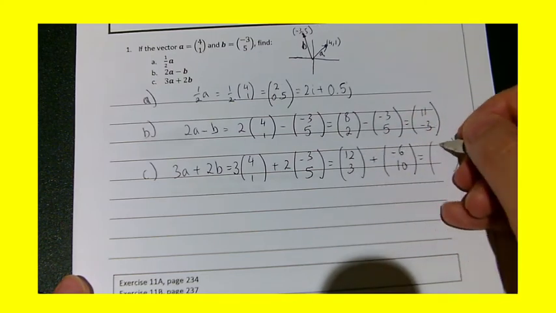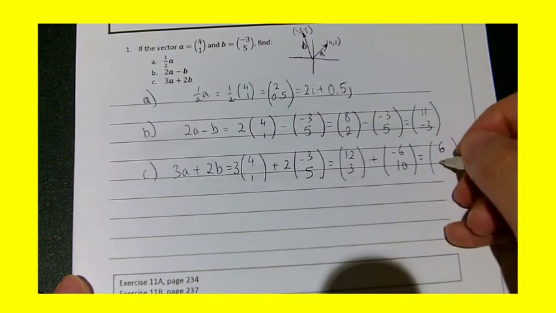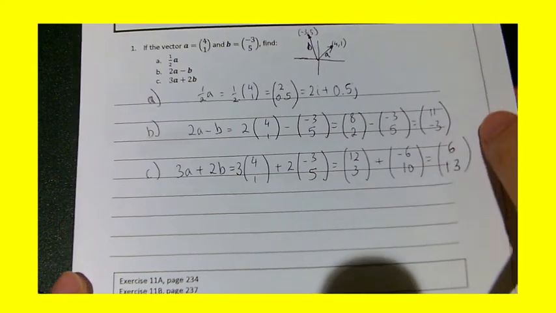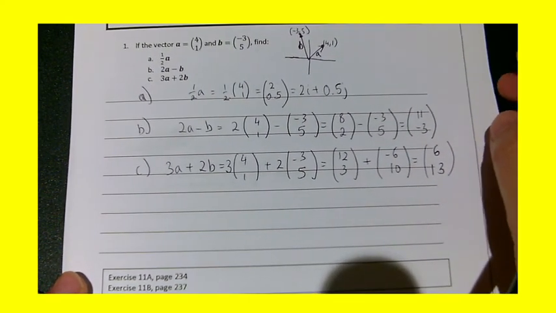We get 12 plus minus 6, which is 6, 3 plus 10, which is 13. So that is like the basics of vectors.